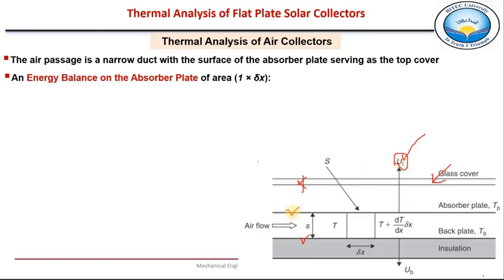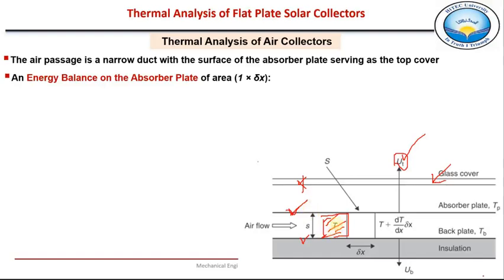So we shall write energy balance for the absorber plate, and then for this back plate, and we shall also write the energy balance for the fluid which is flowing through this duct. So we shall be writing the energy balance for these three components.